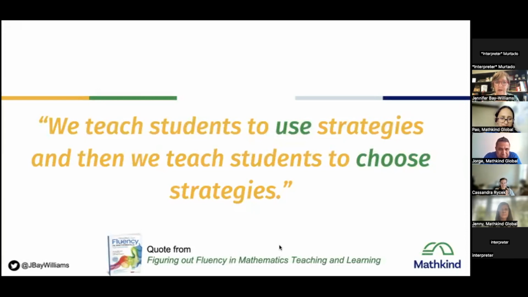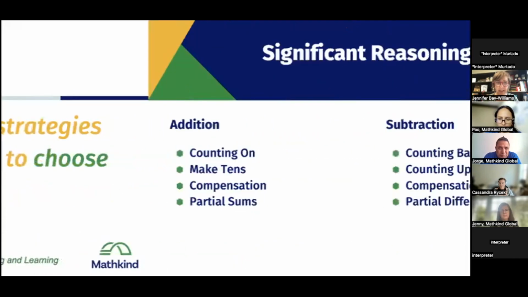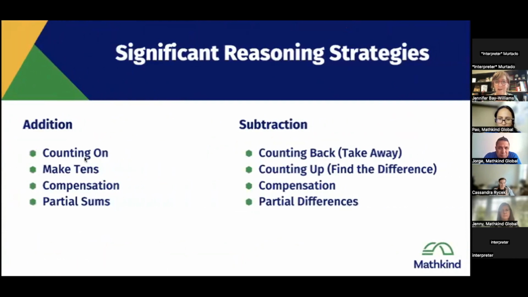So in that book, we share a list of strategies that are really important ones, and we call them significant. We say they're significant because they're useful. They're ones that can be used a lot. So let's look at addition, because you just added 48 plus 49.